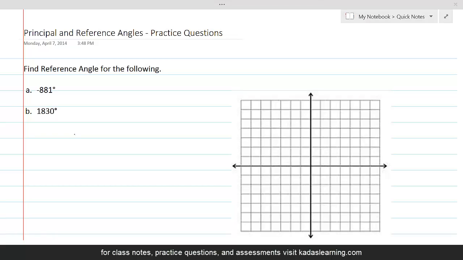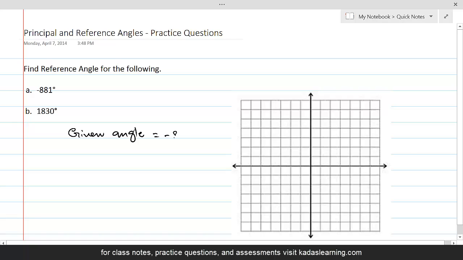Find reference angle for the following. Here the given angle is minus 881 degrees. This angle is not in the range of 0 to 360, so it is not a principal angle for sure.